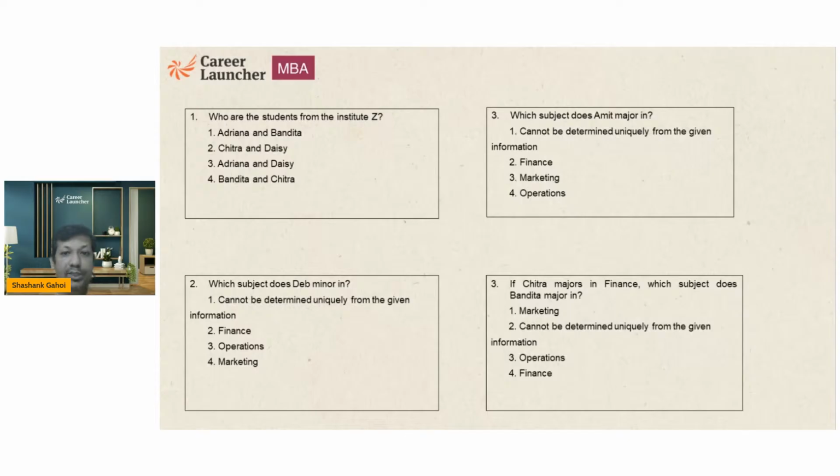Now question number, this shouldn't be 3, this should be 4. It says if Chitra majors in finance. Now why is this question important to me? In majors, I cannot find all the values because if I know who is doing major in what, then the condition of if is not valid here. And if the question is talking about an if condition, it means something is missing in the actual data.